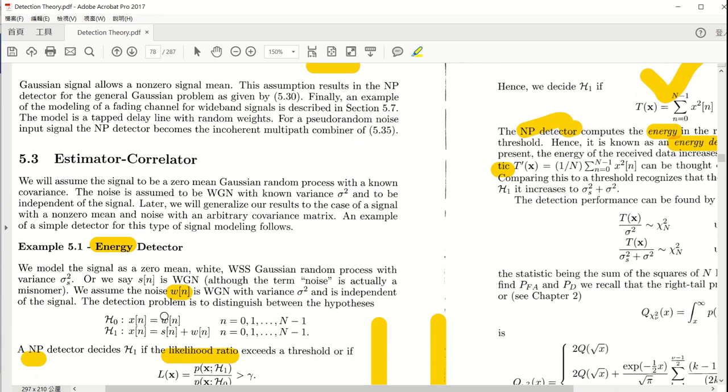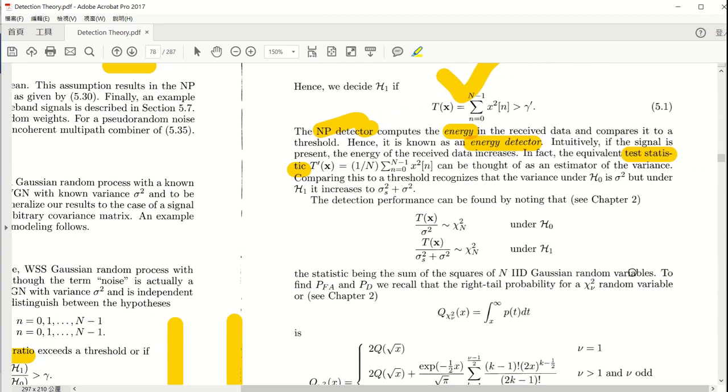If you have W only, then it's sigma squared. If you have H1, you have S plus W, then you are going to have sigma s squared plus sigma squared. Would it be okay if we just say H0 has this variance and H1 has this variance? That's something reasonable. As a result, mathematically, we can think of it as trying to calculate the sample variance and then compare to a threshold. That's also one way to think about it.